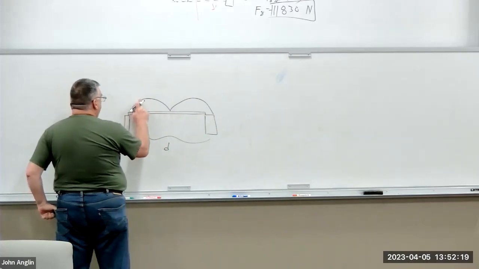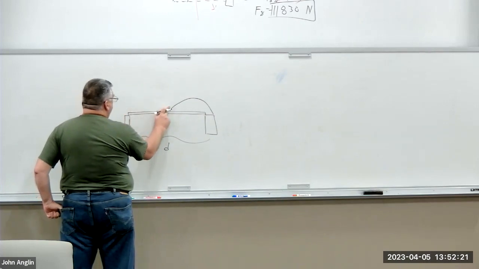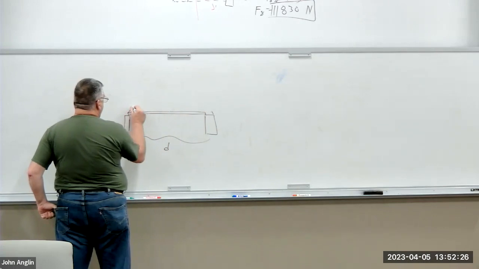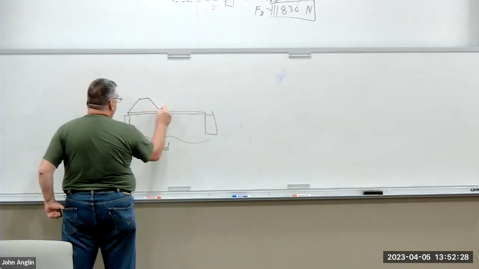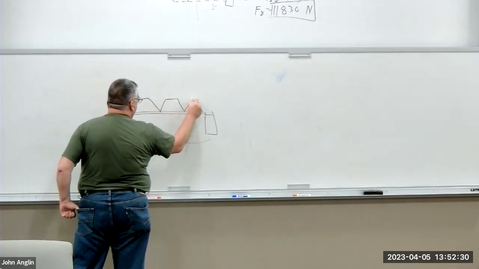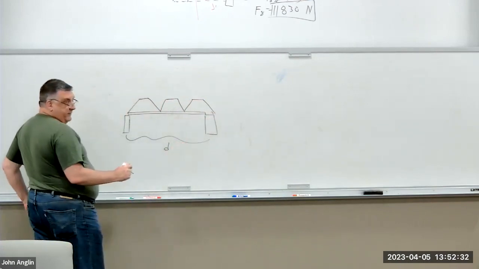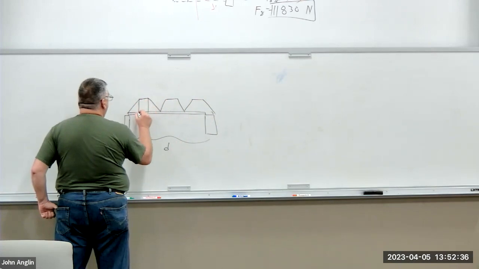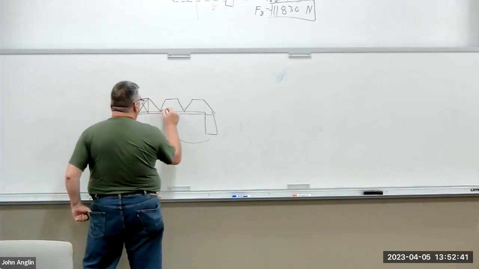So before we do the archway problem, the other kind of bridge construction you see looks like this. It has these kind of trapezoidal things. And you might have some support beams in there.